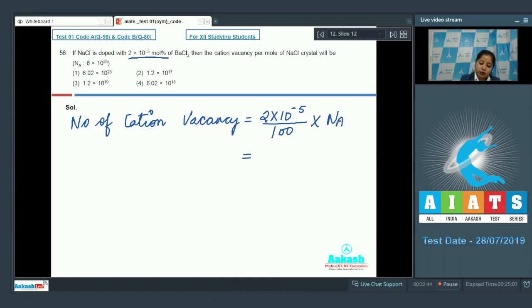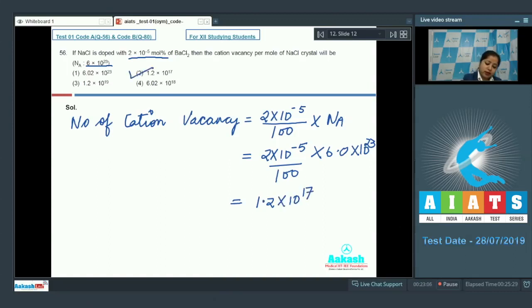The value of Na will be taken as 6 × 10^23, which is already given. When we multiply the numbers, we get the value as 1.2 × 10^17. Therefore, the correct answer is option number 2.